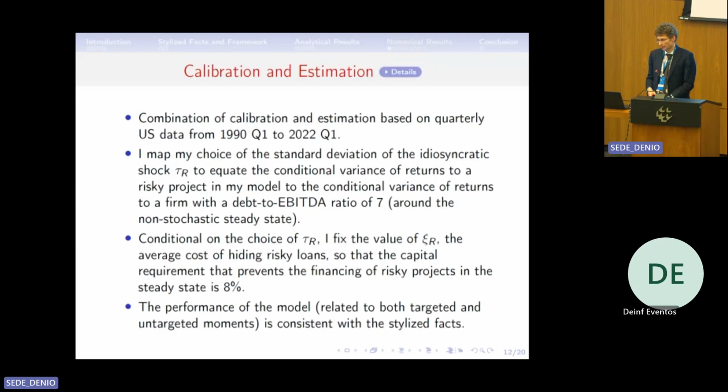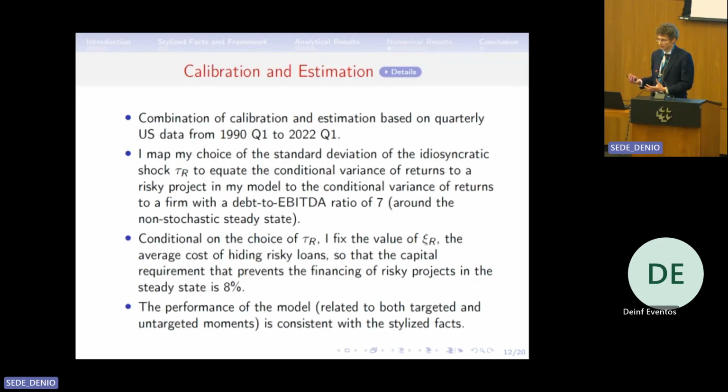And there is a guideline that says that loans to firms with debt to EBITDA ratio greater than 6 raise supervisory concerns in the US. So in order to calibrate this tau R, the standard deviation of the risky projects, I associated it with risky firms with debt to EBITDA ratio equal to 7, a little bit higher than 6.